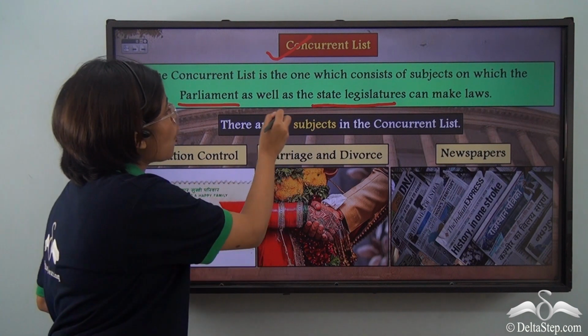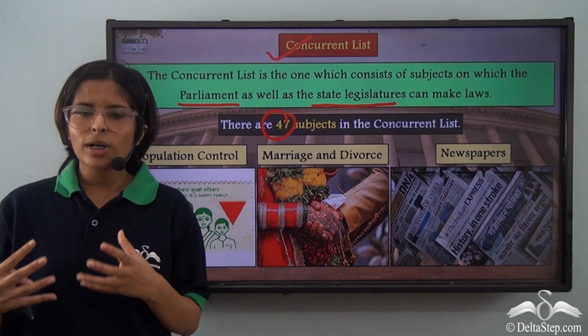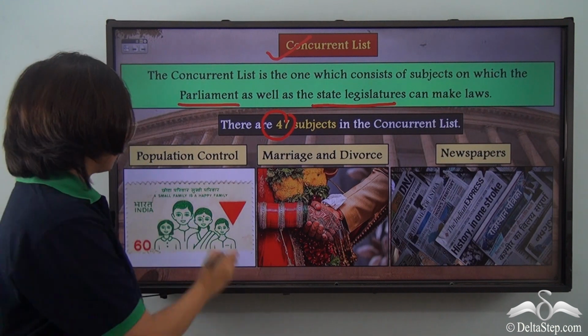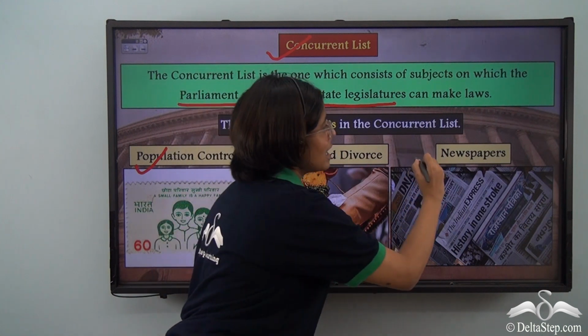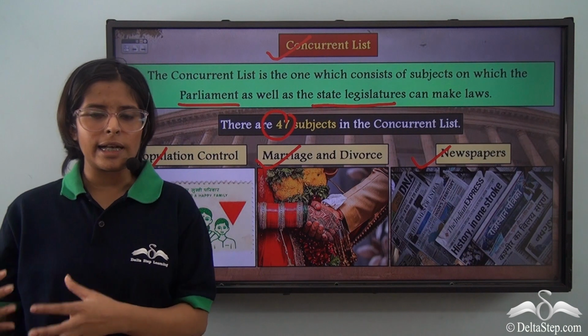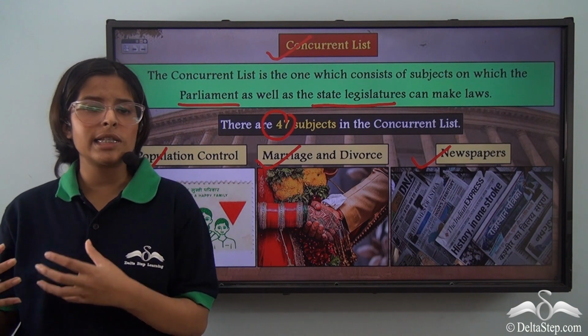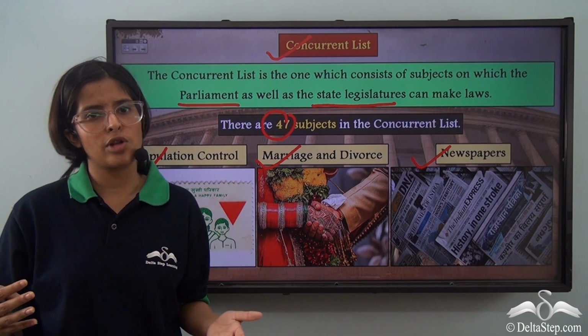There are 47 subjects in the concurrent list. What are some examples of these? We have population control, marriage and divorce, newspapers. So these fall under the concurrent list, which can be legislated on by the state government as well as the central government.